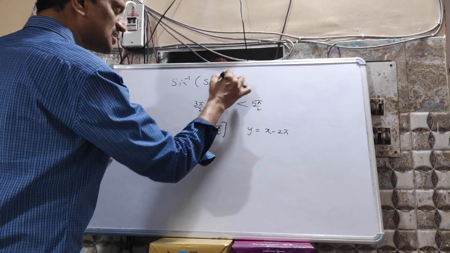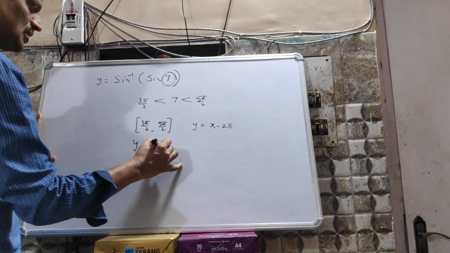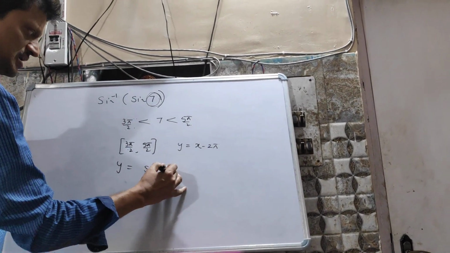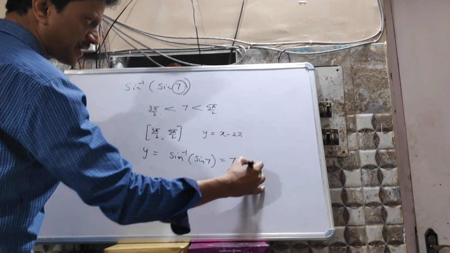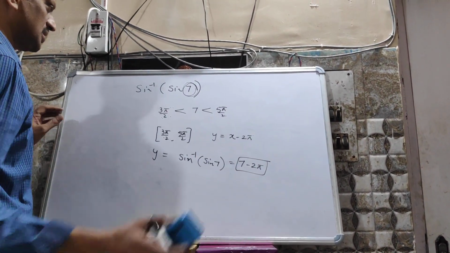Putting 7 in place of x, sin inverse of sin 7 is equal to 7 minus 2 pi.